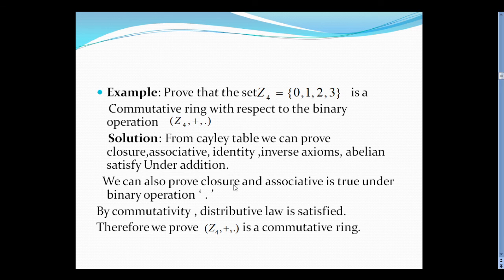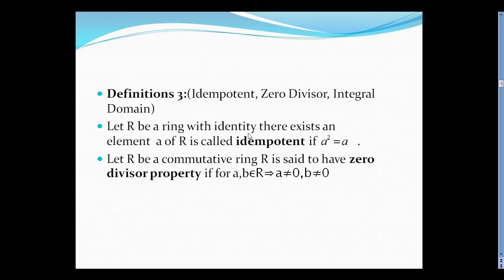And we can also prove closure and associative are true under the binary operation dot product. And with the help of the commutative property, we can prove the distributive law is also satisfied. Therefore, we prove Z4 under addition and dot product is a commutative ring. So this problem can be done in a practical session.